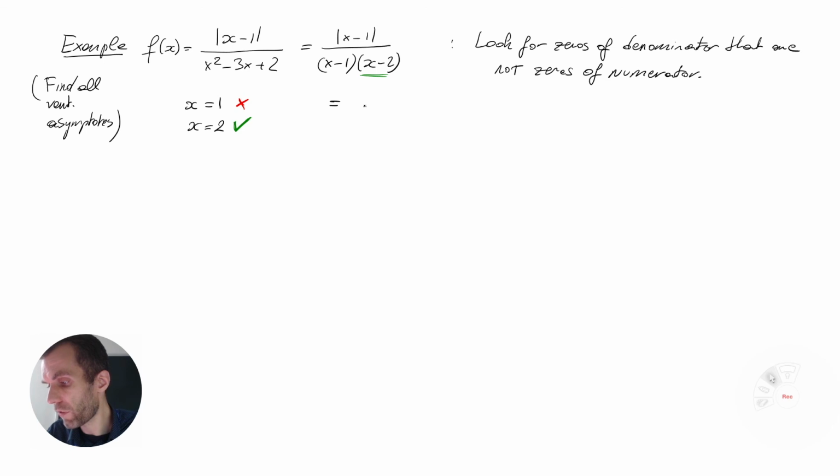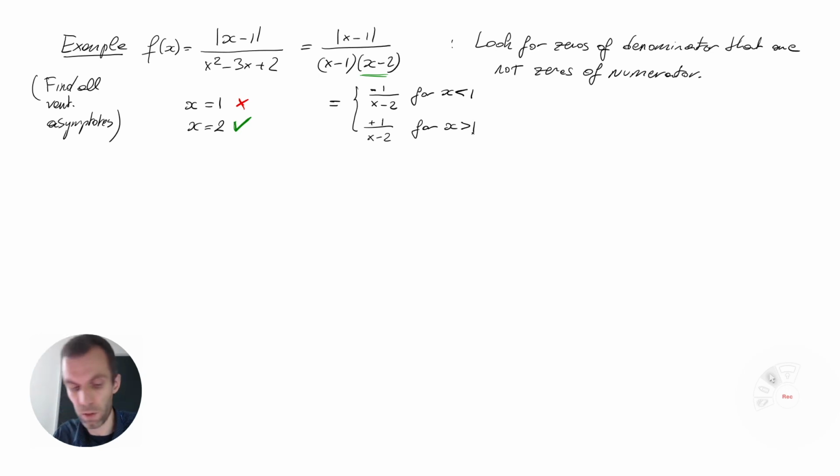So we can simplify that to say, well, this function is going to be minus 1 over x minus 2 for x less than 1, and plus 1 over x minus 2 for x bigger than 1.